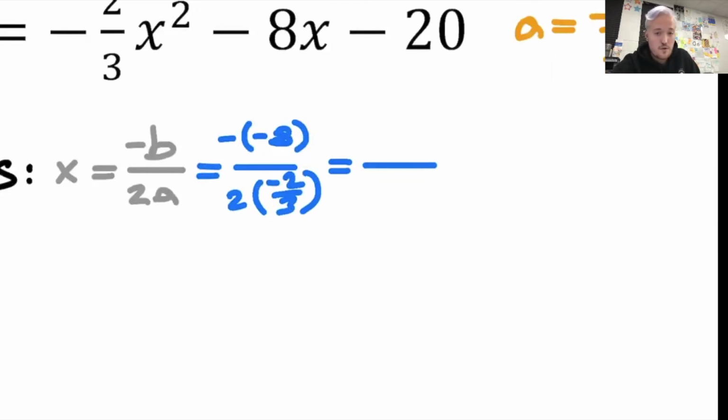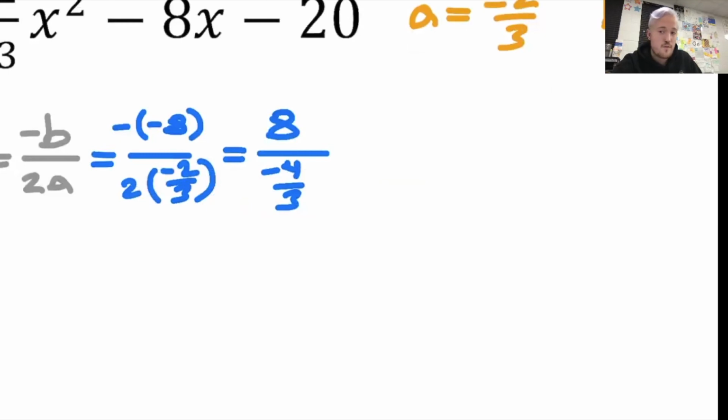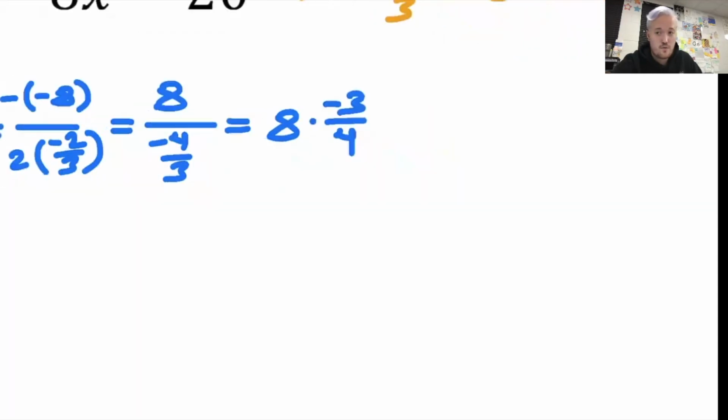All right, so in the numerator, it's going to simplify to a +8, and in the denominator, we have -4/3. When you have a fraction and a fraction like this, you want to invert it and multiply by the reciprocal. So I'm going to multiply by a -3/4.